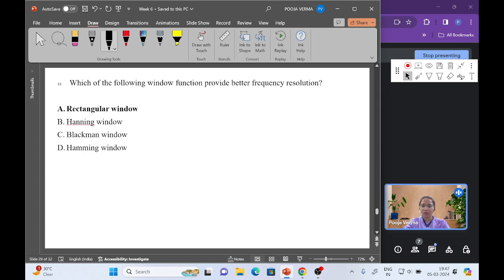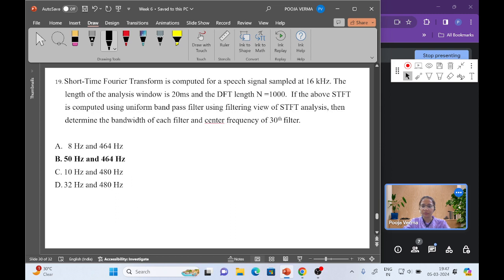Okay. Moving to the next question. A short time Fourier transform is computed for a speech signal sampled at 16 kilohertz. That is, the sampling frequency is 16 kilohertz. The length of the analysis window is 20 milliseconds, so you can say N_w is 20 milliseconds.